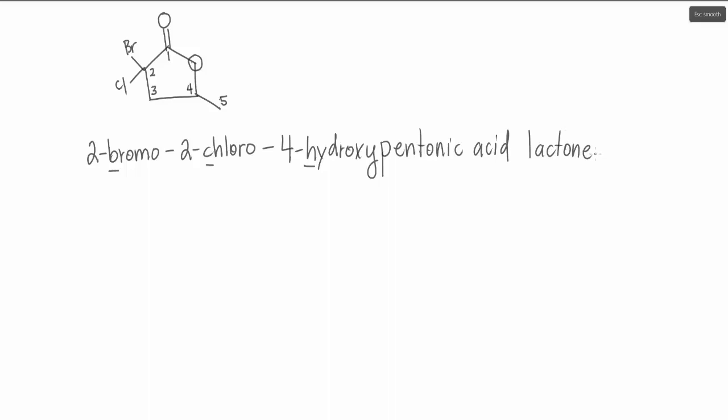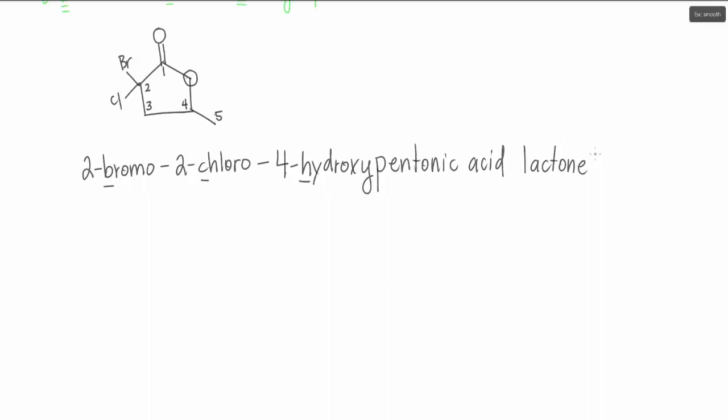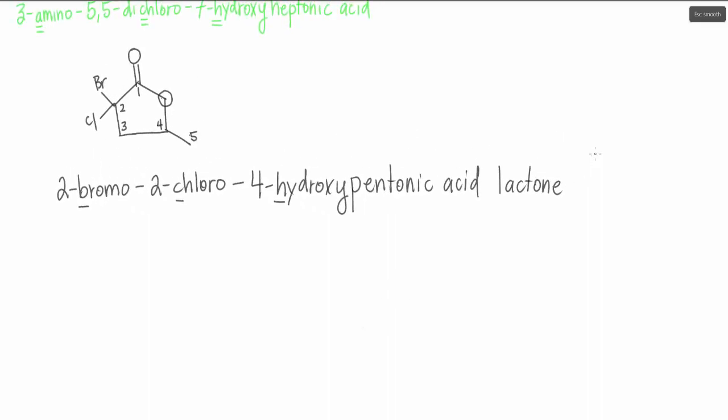Okay. So this closed intramolecular ester of hydroxycarboxylic acid, this lactone, it has to take the name of the corresponding carboxylic acid and add the word lactone at the end.